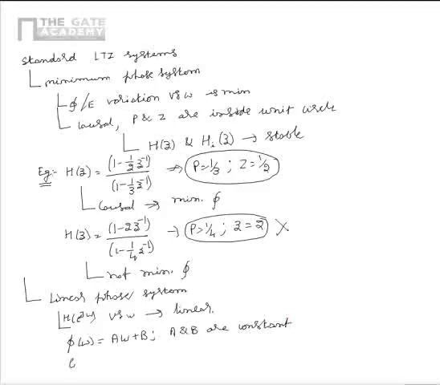So from this we can say that the group delay of a linear phase system, that is minus d phi by d omega, will be equal to minus a. That is the group delay would be a constant. So we can say that in case of a linear phase system, the plot of phi of omega is linear and the group delay g of omega is constant.